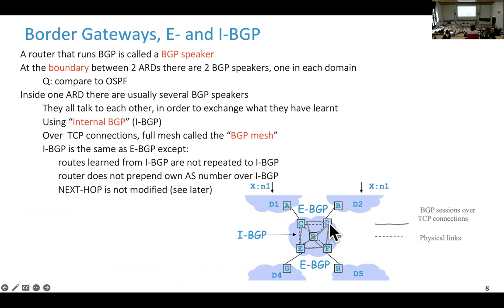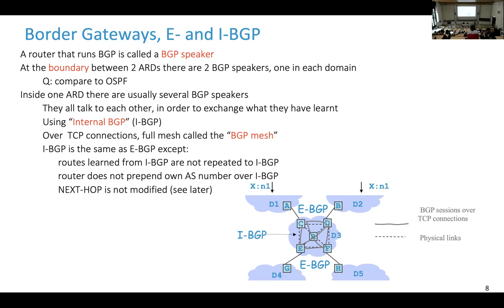Well, these routers must speak BGP externally, but they should also speak BGP internally. Why? Because of 2 reasons. First, if you learn a path externally, for example, if C learns a path from A for a prefix, I should spread it internally. Every other router internally should know about this path.